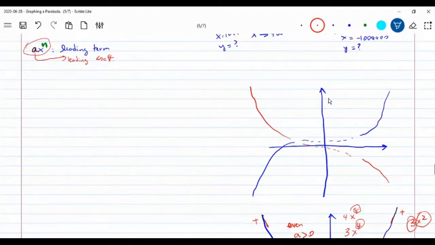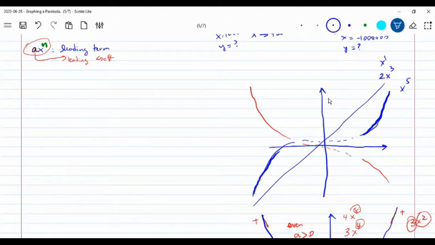Similarly, if you have an odd exponent, something like 2x to the power 3, then the polynomial has one side in the positive area and the other negative. If you remember x cubed, it had this shape. X to the power 5 has the same idea. Even x to the power 1, this straight line, goes positive in this direction and negative in the other.